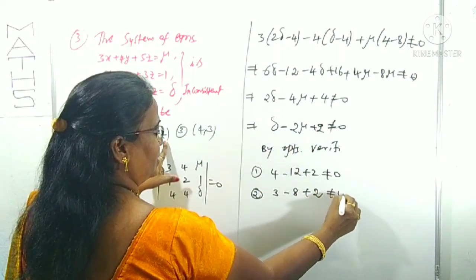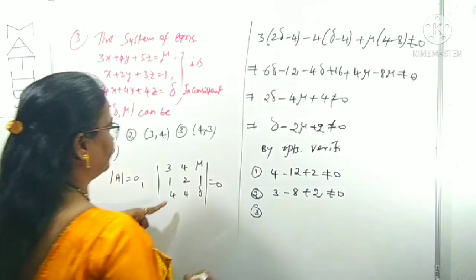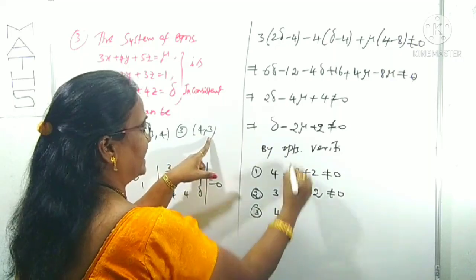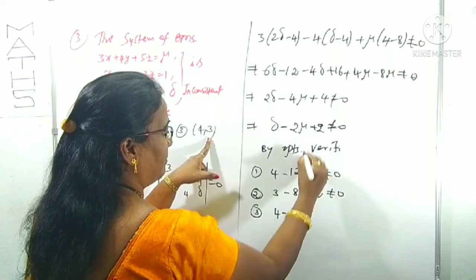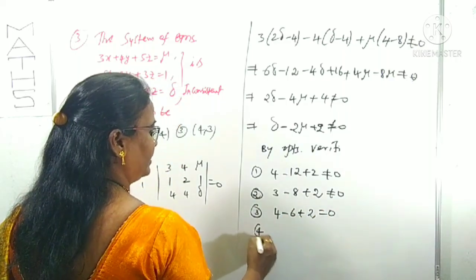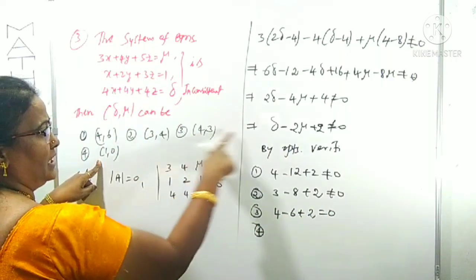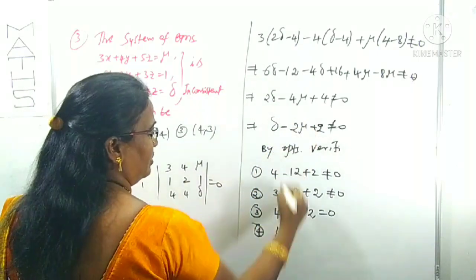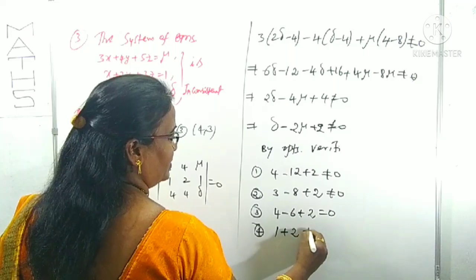It is also not equal to 0. Third option, 4, 3: in place of delta 4, with minus 2 into 3, 6, plus 2 is equal to 0 here. Now the fourth option, 1, 0: delta 1, mu 0, so 1 plus 2 is not equal to 0.